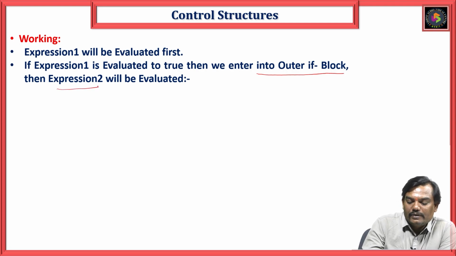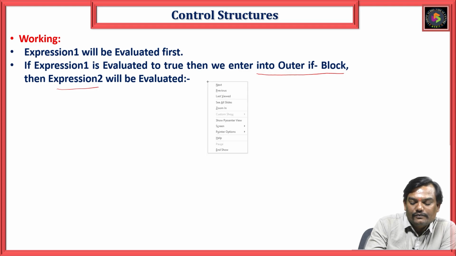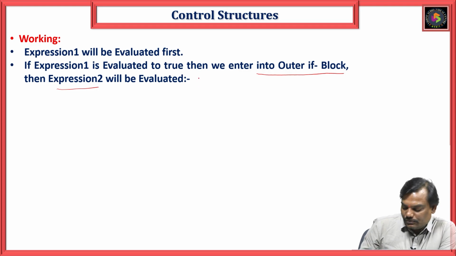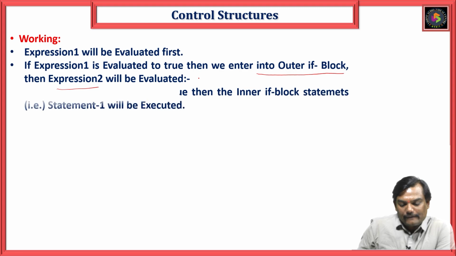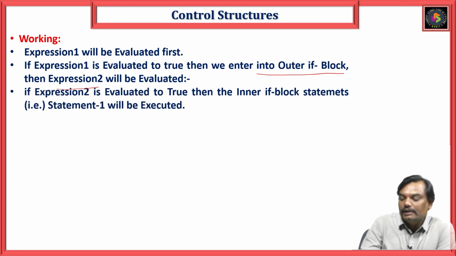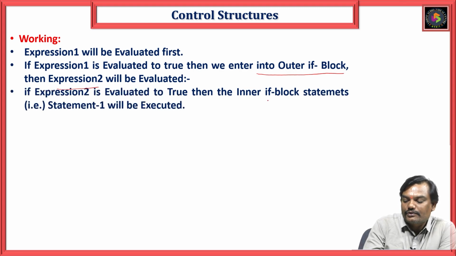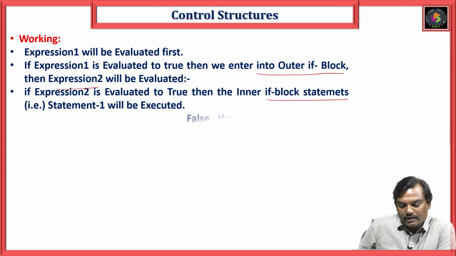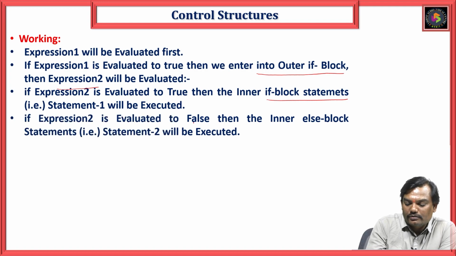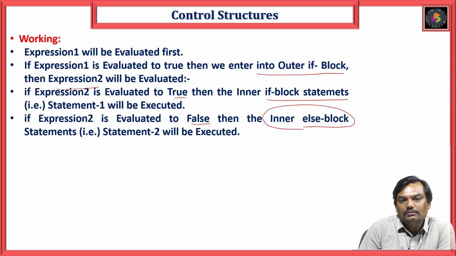If expression 2 is evaluated to true, then the inner if block statements get executed. If the expression is evaluated to false, then the inner else block will be executed.